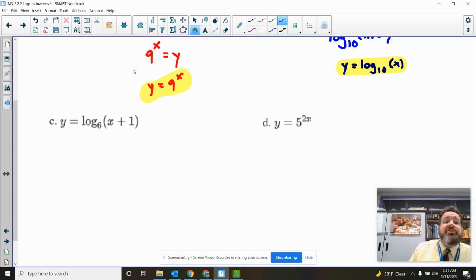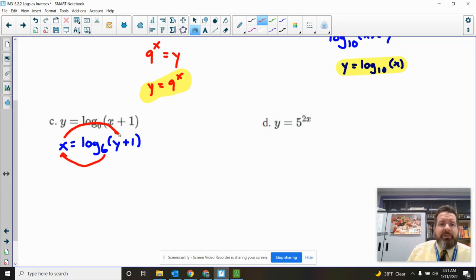Okay. Switch the letters x and y. So x equals log base 6 of y plus 1. Next, I want to get at this y that's inside the log, so switch it to its exponential form. 6 to the power of x equals y plus 1.